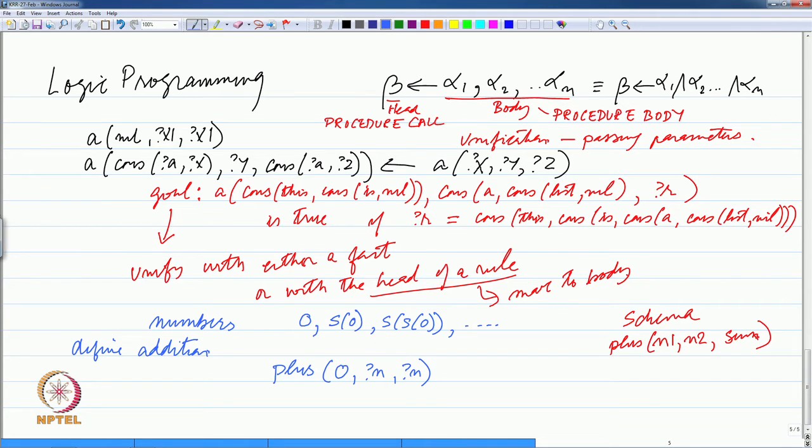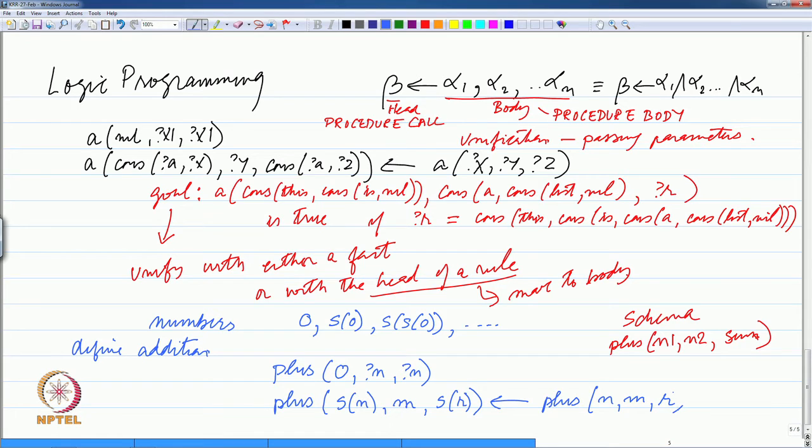The recursive clause would be that if you add the successor of any number n to another number, let us call it m, you get the successor of the result r, if this was true to start with, if n plus m gives you r.